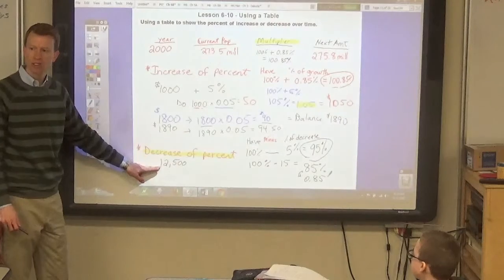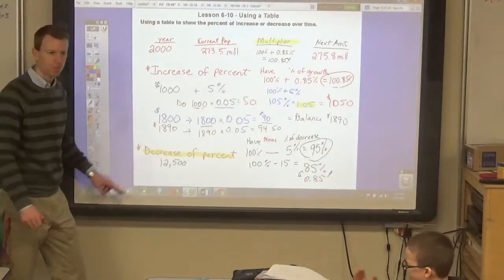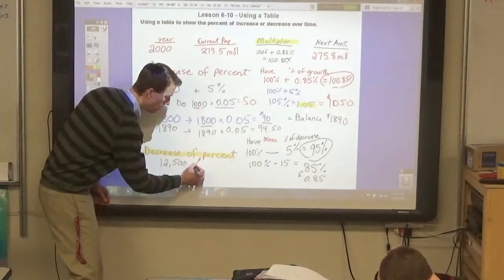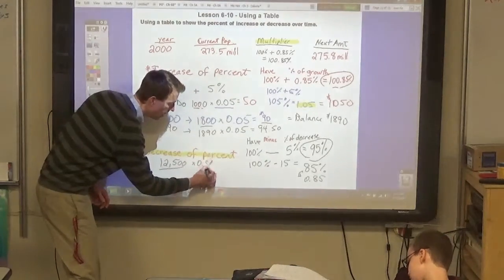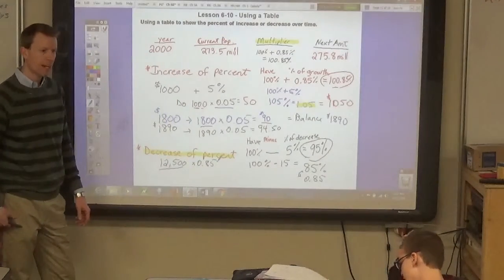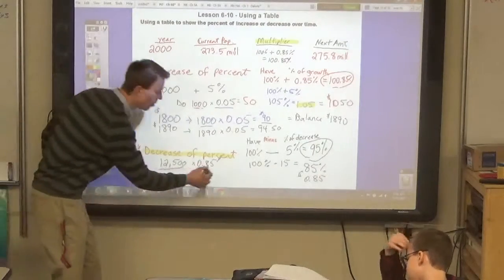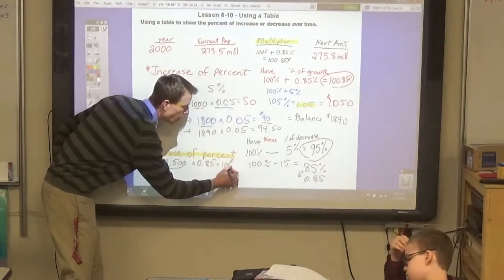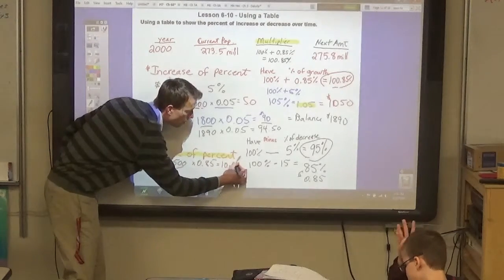What's 85% of the original value? You'd have to do the value times 0.85, and that equals 10,625.